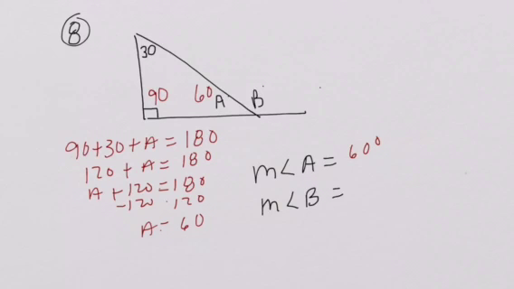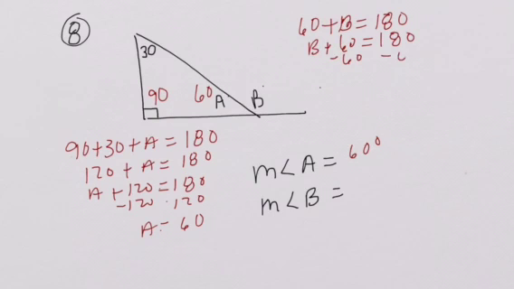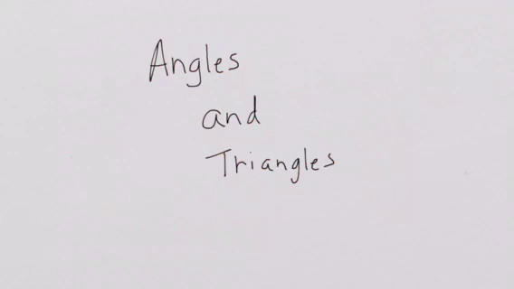So I know A and B are linear, which means 60 plus B is equal to 180. B plus 60 is equal to 180. Subtract the 60, so B is going to equal 120. Notice that 90 plus 30 combined together equal 120. And that's how you find angles and triangles.